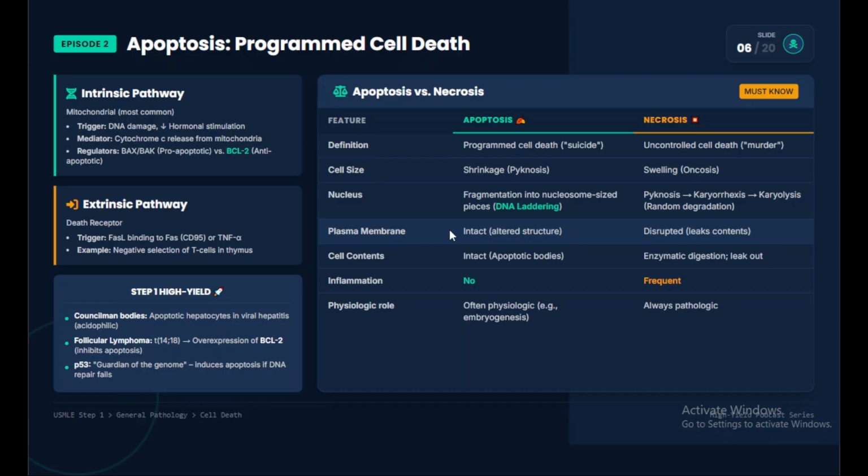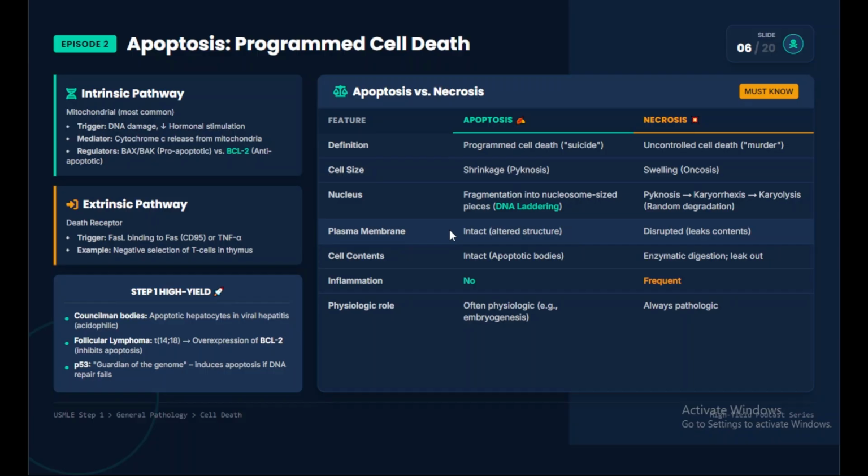In apoptosis, the cell contents and organelles are also intact, with no degradation. In necrosis, there is enzymatic degeneration or digestion of the cell contents. There is no inflammation in apoptosis, but there is frequent inflammation in necrosis.